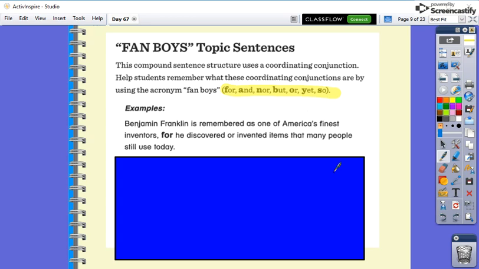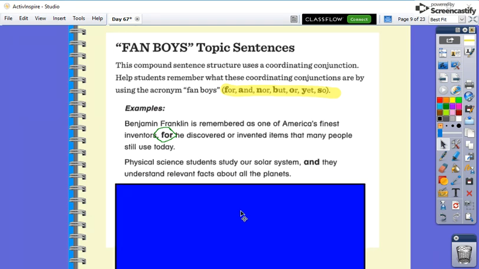An example: Benjamin Franklin is remembered as one of America's finest inventors, for he discovered or invented items that many people still use today. That's an example of a topic sentence where you are taking two complete sentences, joining them with a coordinating conjunction, one of the fanboys words from the list, and creating a compound sentence.